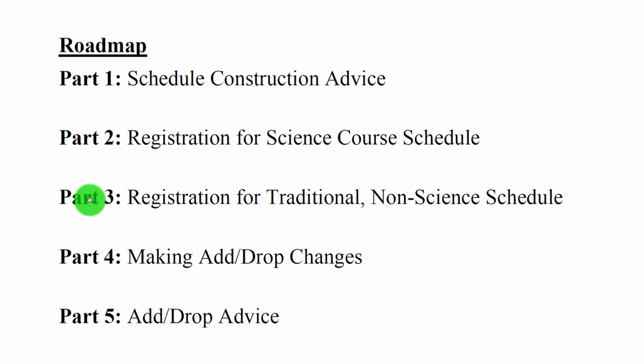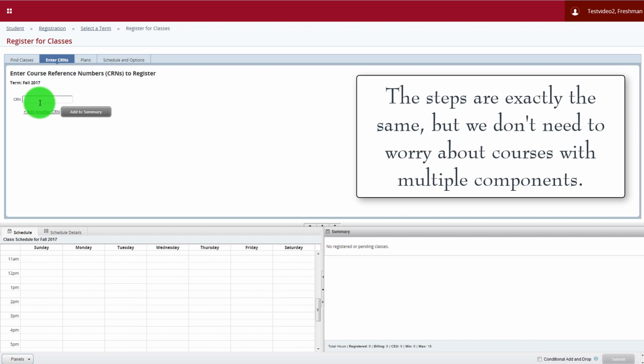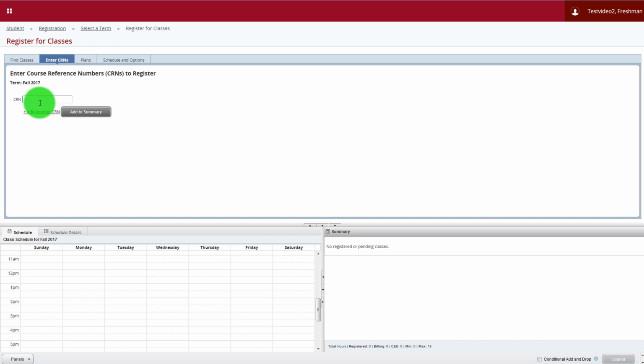We're now in part 3 of our video, which will show you how a student would register for a traditional non-science pre-health type of schedule. So let's say this student is taking a 5-course standard non-science freshman schedule that will have finite math, understanding historical change, composition 2, introduction to French 1, so the student is starting French, having never taken it before, and philosophy of human nature.